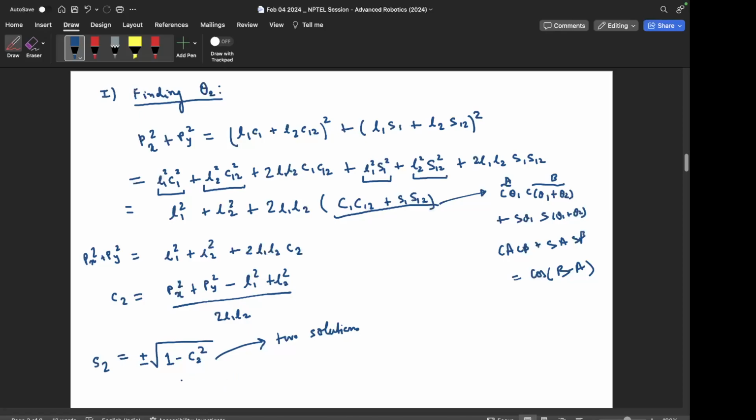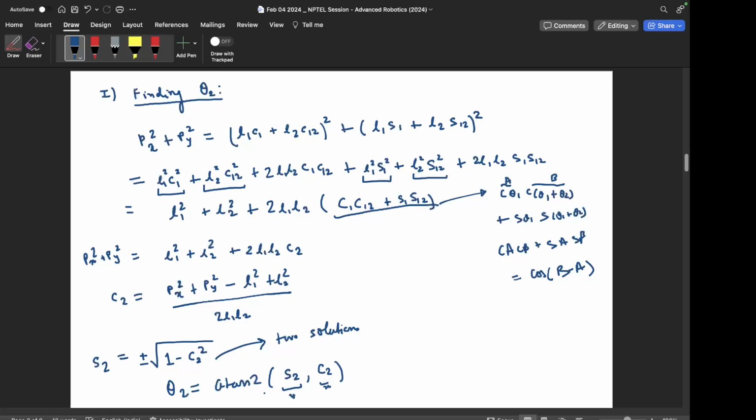And finally theta 2 is calculated as arctan 2, which is a commonly used tan inverse operator in programming, so borrowing from there, and it takes two arguments. First is what is called y and then x.